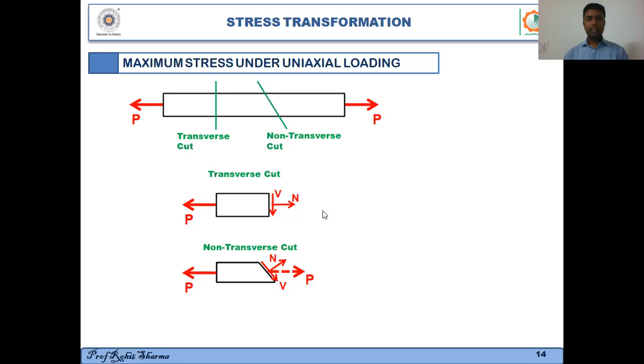If you use equations of equilibrium, summation of forces in x direction is 0 and summation of forces in y direction is 0. So for this case, summation of forces in x direction equal to 0 gives normal force N equal to P, and shear force V equal to 0 from the summation of forces in y direction.